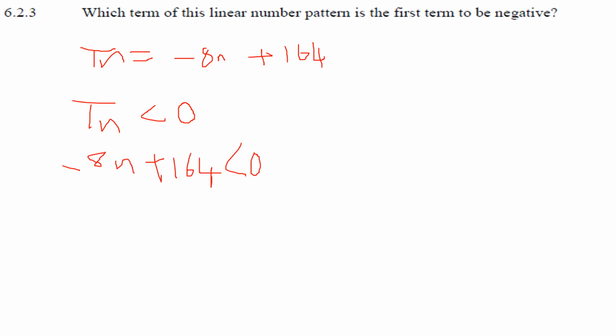Then we're just going to solve for n normally here. We transpose this to the other side, and we have negative 8n is less than negative 164. Then you divide both sides by negative 8.